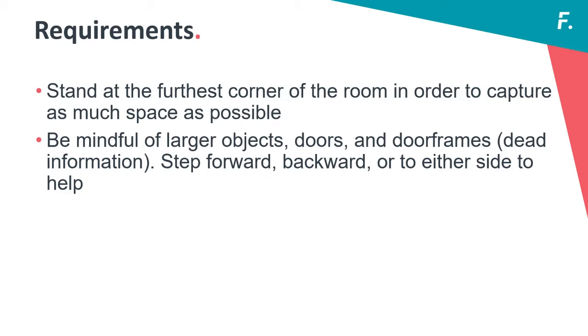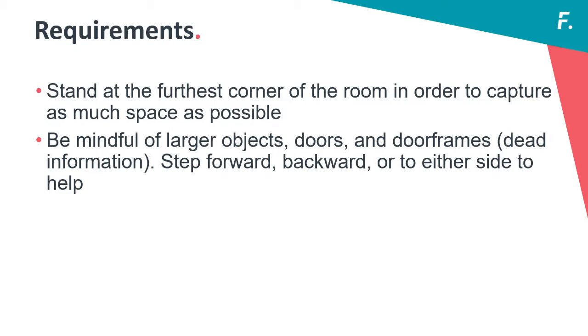A lot of the time you'll have doors and door frames, which are probably the number one thing. Sometimes you'll have an edge of a sofa or a bed frame. If a large object is close to you and you get it in the corner or on the side of the image, then you're not capturing as much information as possible.